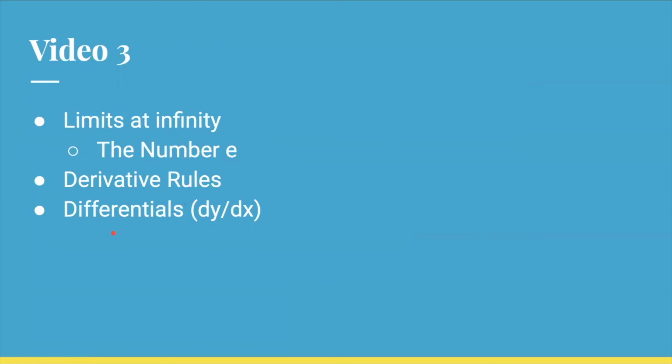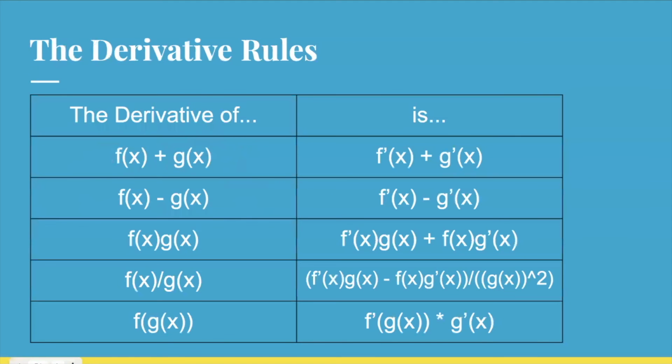And then in video 3, you learned about limits at infinity, and then the number e, which is just the limit as x approaches infinity of the quantity 1 plus 1 over x, and then to the power of x. And then you learned the derivative rules, and then about what are differentials, which is just dy over dx. And here are the derivative rules.